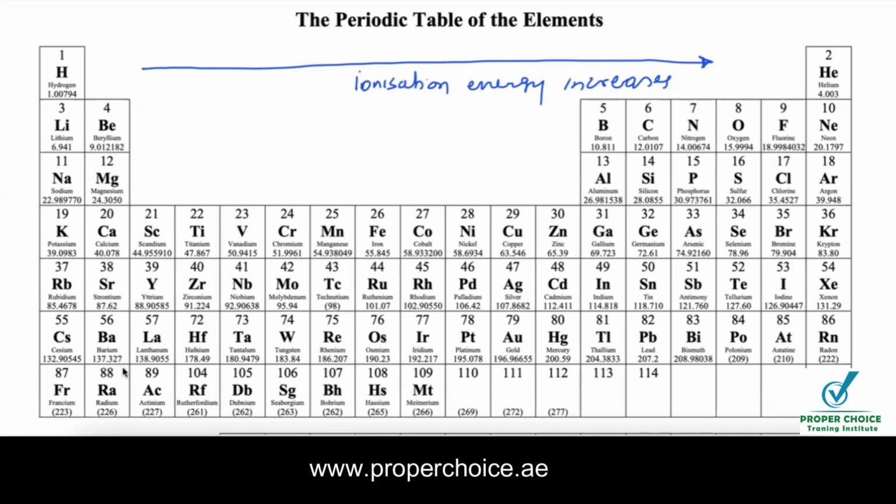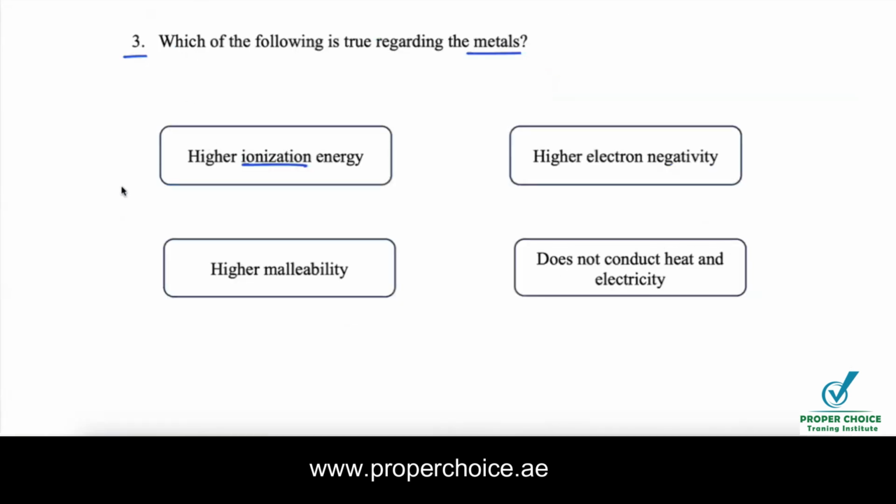Ionization energy also increases as you go from down left to the top right. From this we conclude non-metals have greater ionization energy than metals. But here they are saying metal has higher ionization energy. Wrong statement.